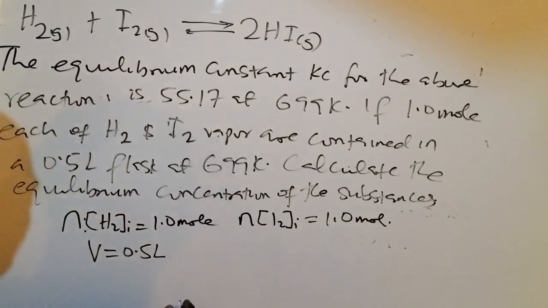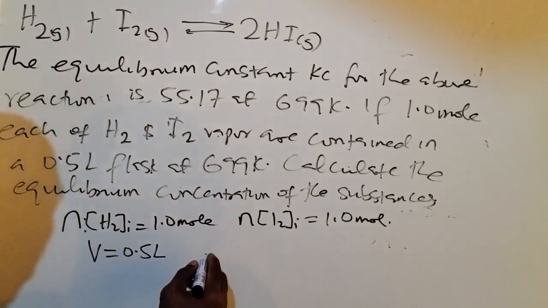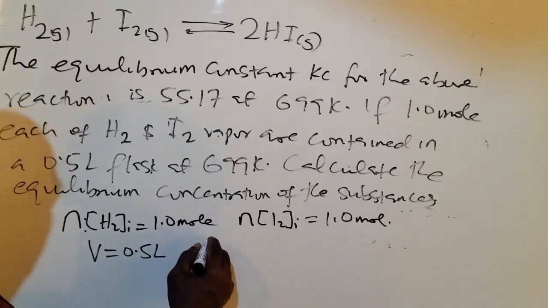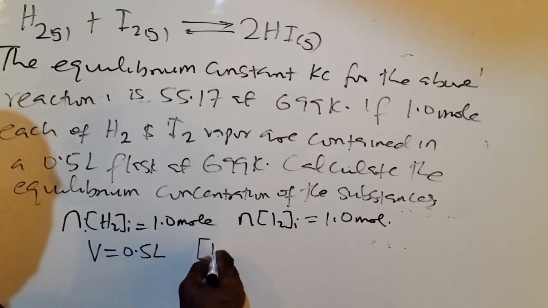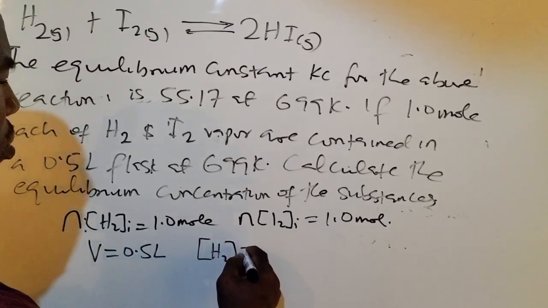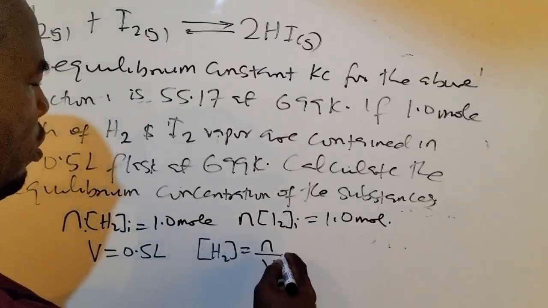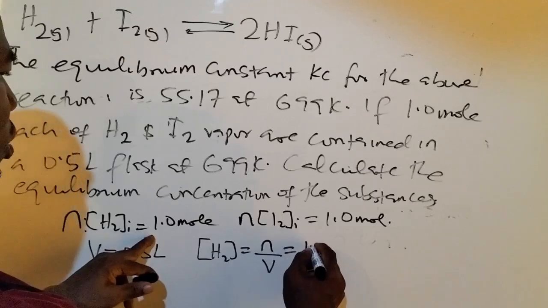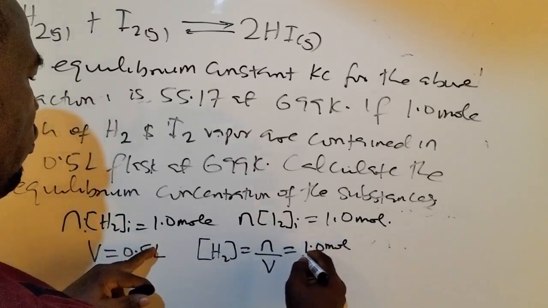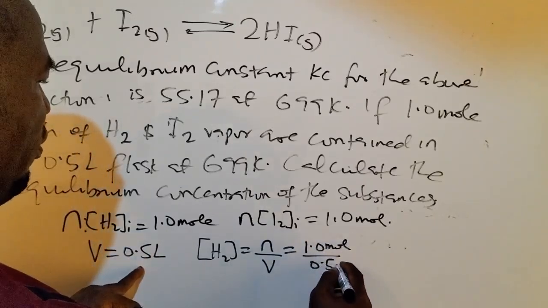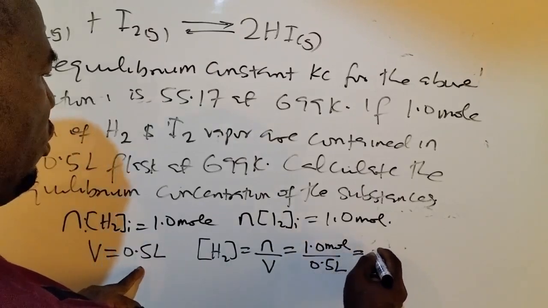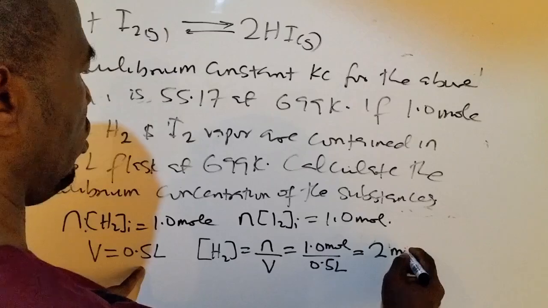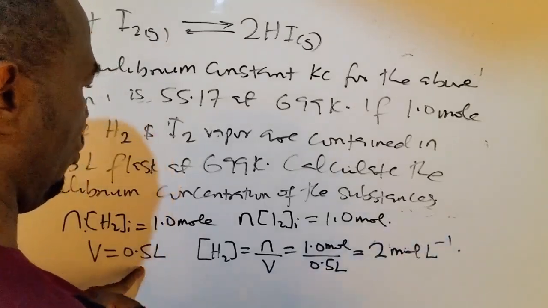Using the formula for concentration as we used in the previous example, the concentration of hydrogen is mole over volume. Number of moles is 1.0 mole. Volume is 0.5 liters. That gives us 2 mole per liter of hydrogen.